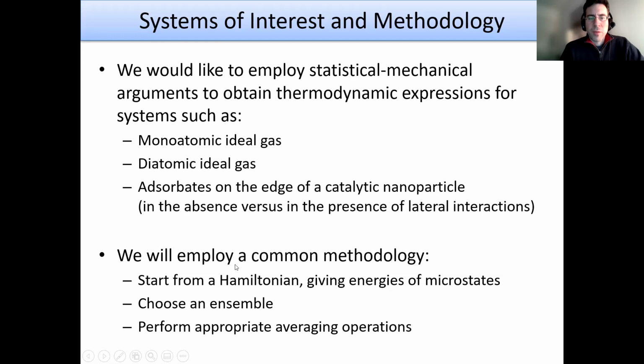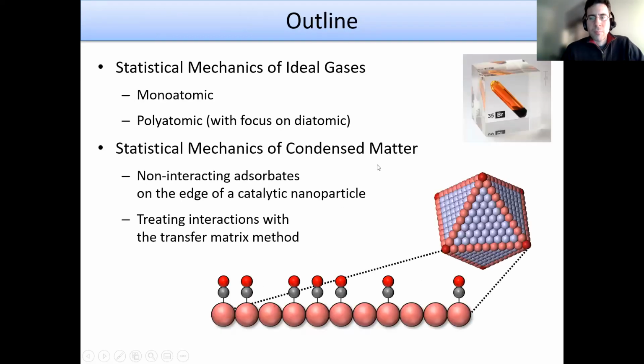We will start from a Hamiltonian, which gives us the energies of microstates. We will choose an ensemble, and then perform the appropriate averaging operations. Some of the relations we will derive you have already known for several years, and it's good to see that the framework of statistical mechanics can give us these relations.